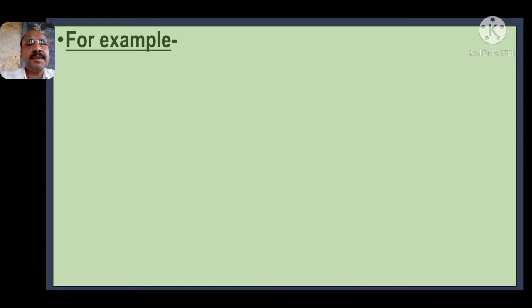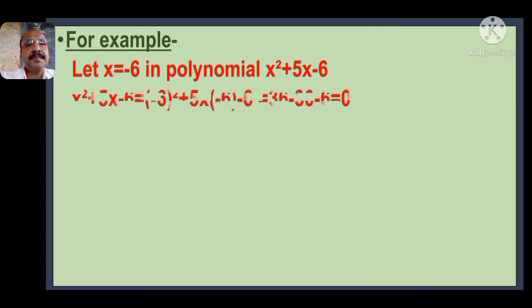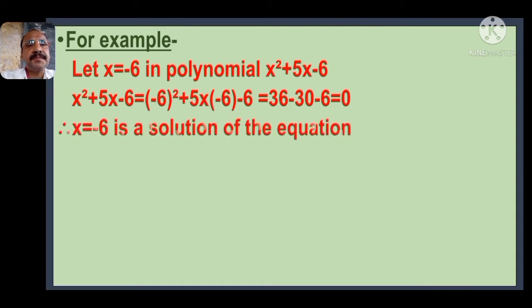For example, let x = -6 in the polynomial x² + 5x - 6. Now we put the value of x in this polynomial: (-6)² + 5 × (-6) - 6 = 36 - 30 - 6, which is 0.